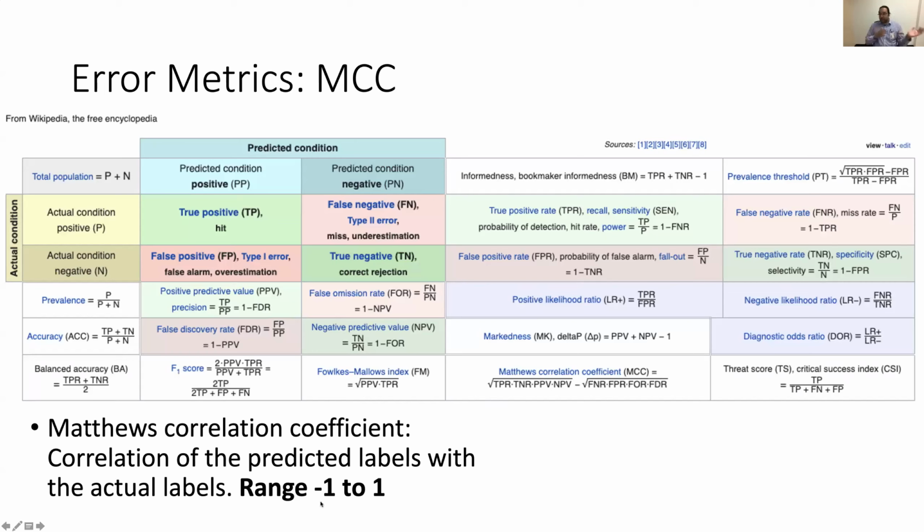So it has a value from -1 to 1. In practice, you'll find that the correlation coefficient is somewhere between 0, no better than random, and positive.